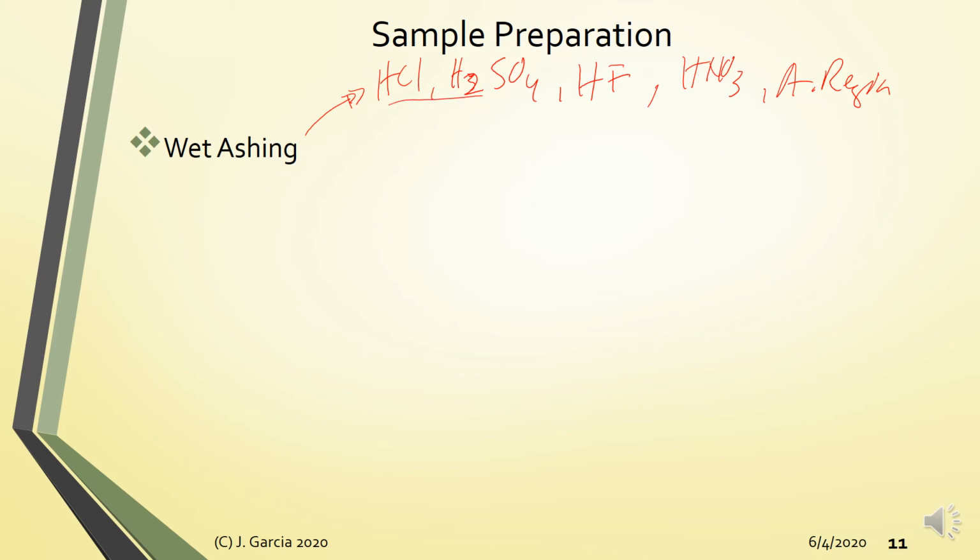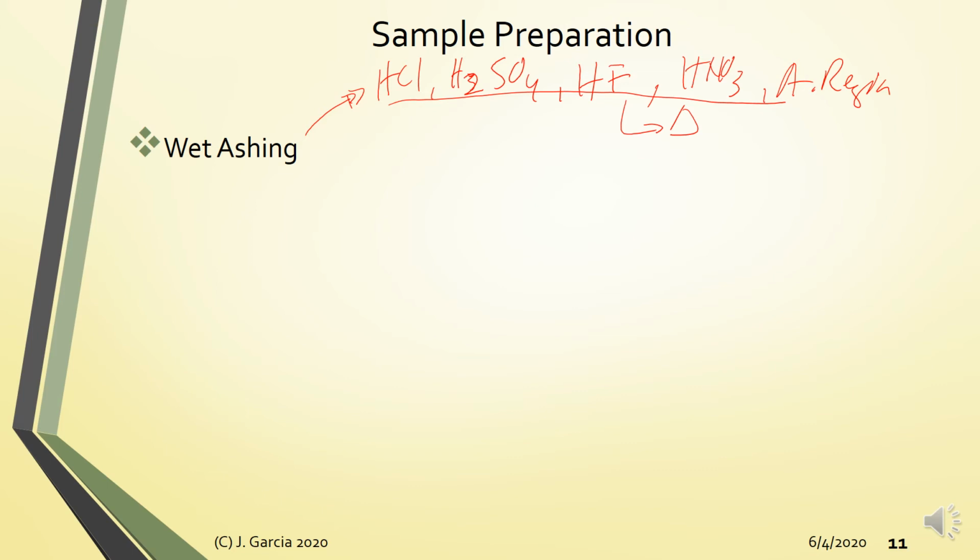Usually you need to apply heat. The acids eat away the sample matrix, making your sample soluble. After digestion, you dilute the resulting solution in some amount of water.